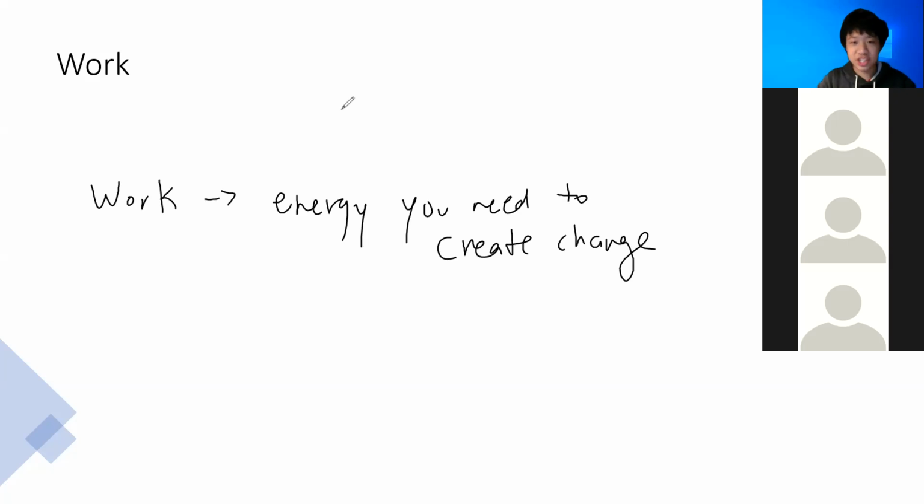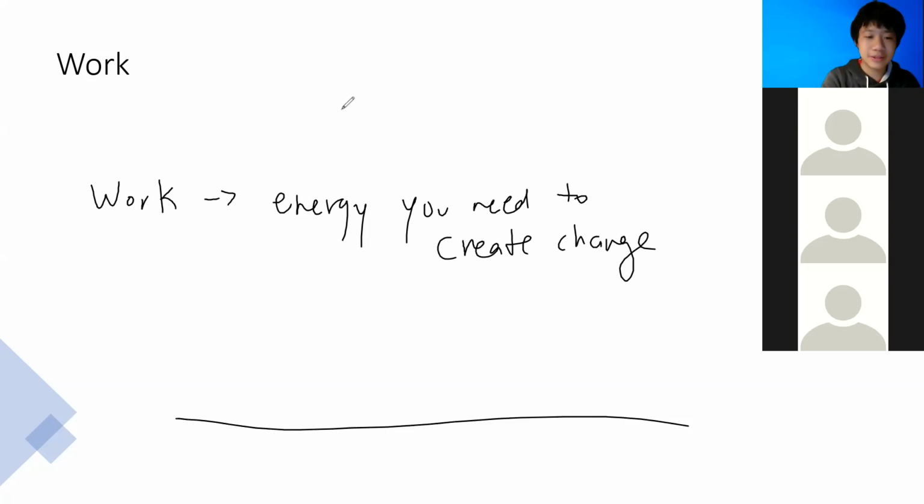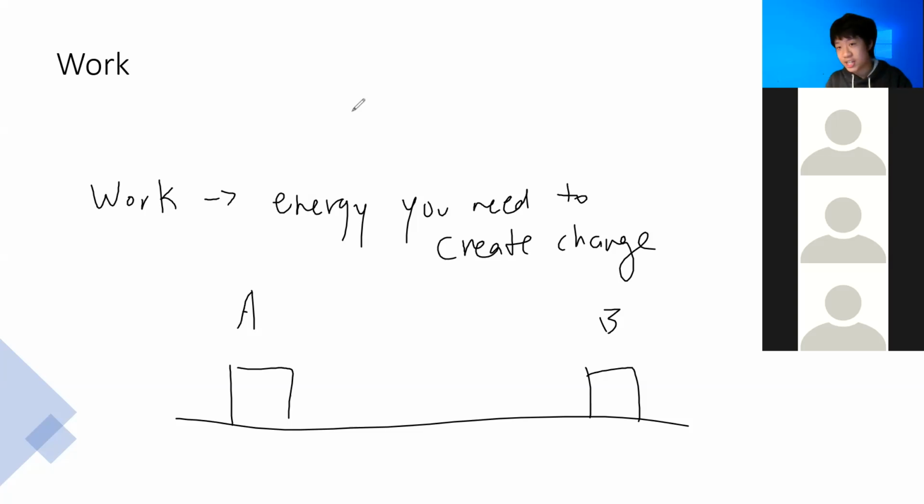So what do I mean by creating change? Well, if we have a table and we have a box at point A, if we were to somehow move the box to point B, then we have done work on the object. The box's placement has changed, right? And overall in the entire universe, something has changed, and work must be done to create this kind of change.